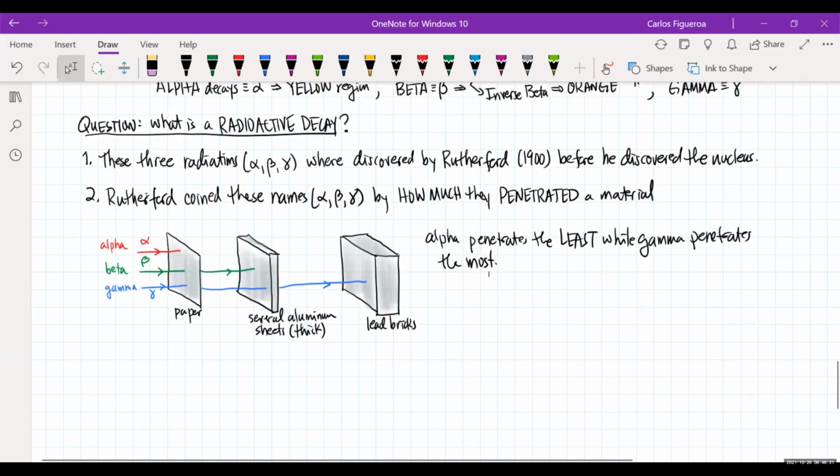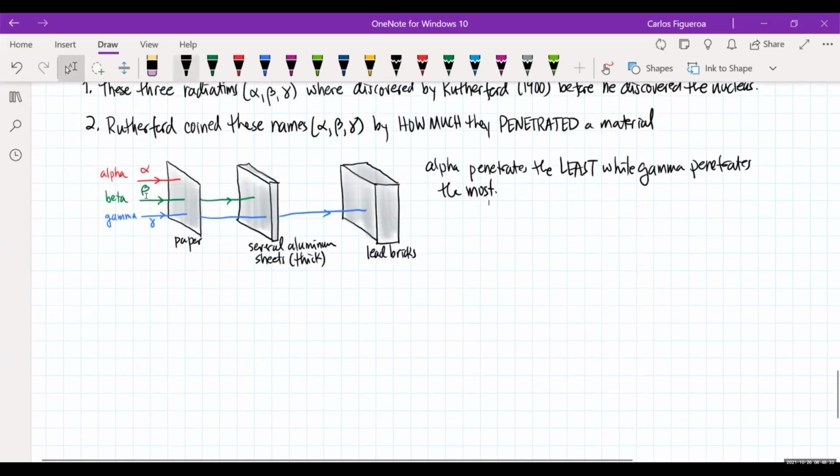So moving here, we then could talk about what happens in a radioactive process.